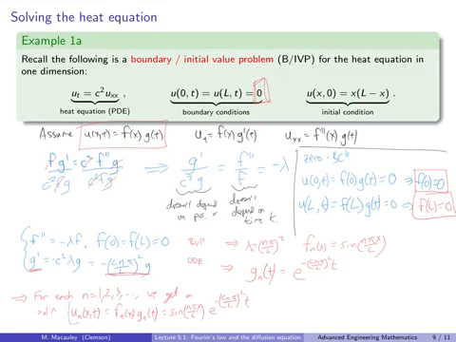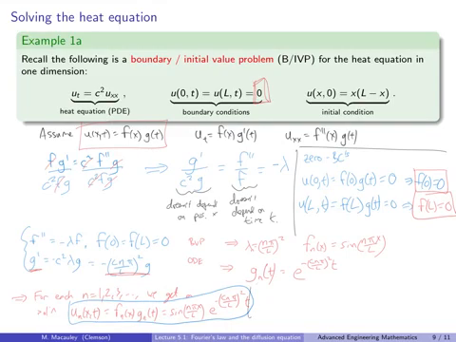So here is a solution, and we get one of these for every integer n. So by superposition or by linearity, if we have a solution like this for any n, then any linear combination of those are solutions as well.